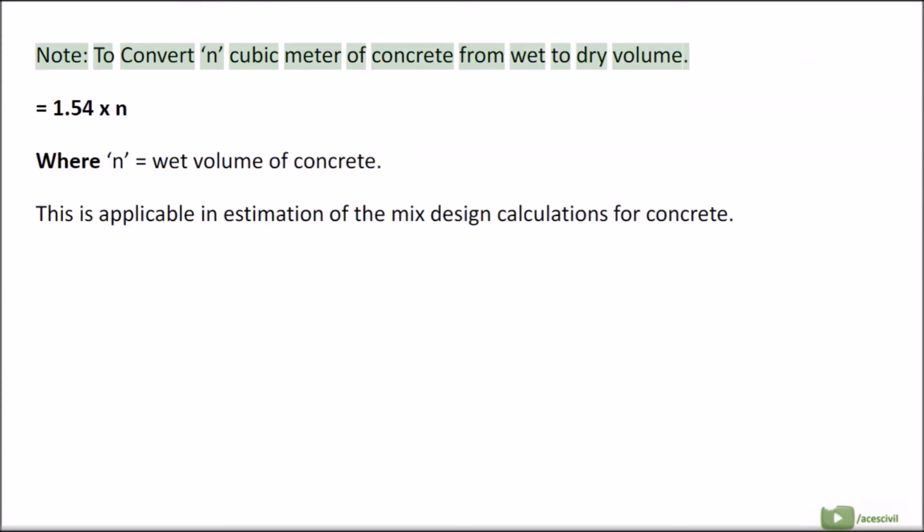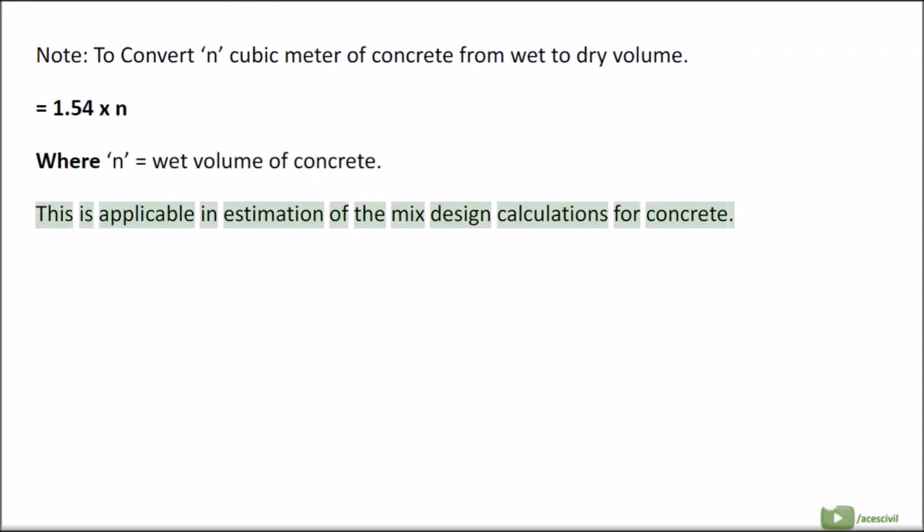Note: to convert n cubic meter of concrete from wet to dry volume equals 1.54 x n, where n equals wet volume of concrete. This is applicable in estimation of the mix design calculations for concrete.